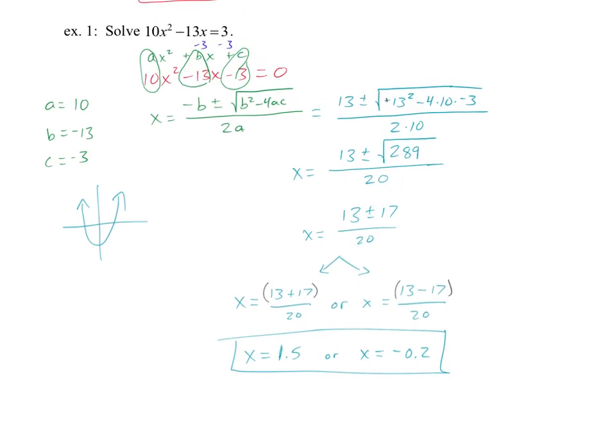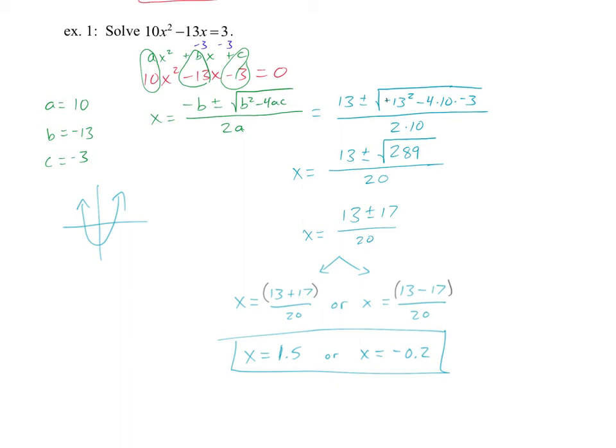I don't think I'd mess up your work with this, but if this ended up being a 0, if you have square root of 0, that's going to give you 0. What number times itself gives you 0? That's 0. So now 13 plus 0 divided by 20, and 13 minus 0 divided by 20, you're only going to get 1 answer, because adding 0, subtracting 0, either one just leaves you with 13.